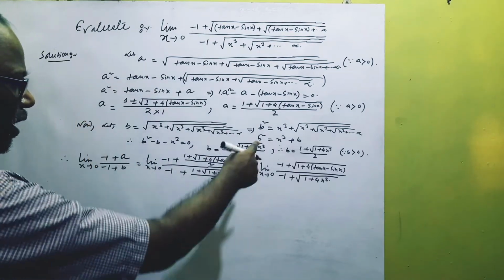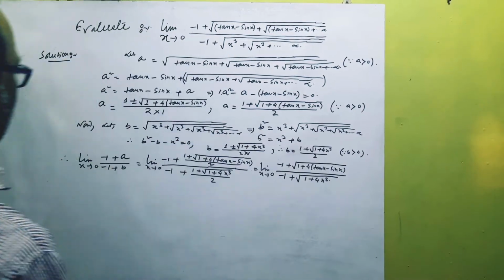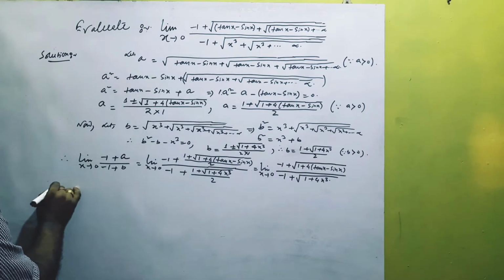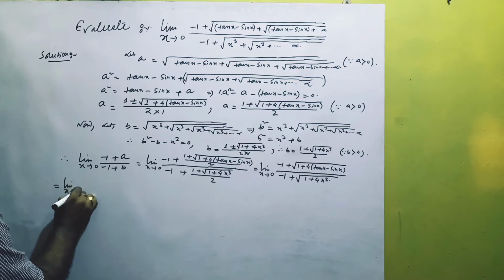Now, for both expressions, we rationalize both terms. See here, this is the limit as x tends to 0.